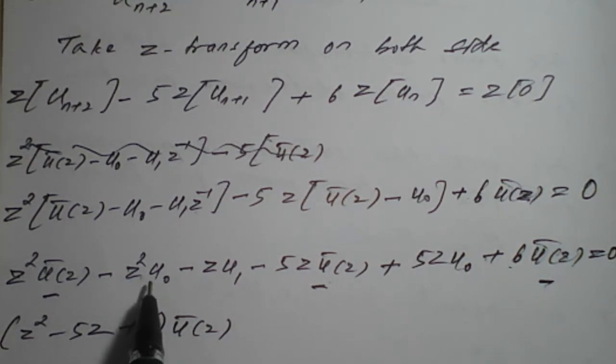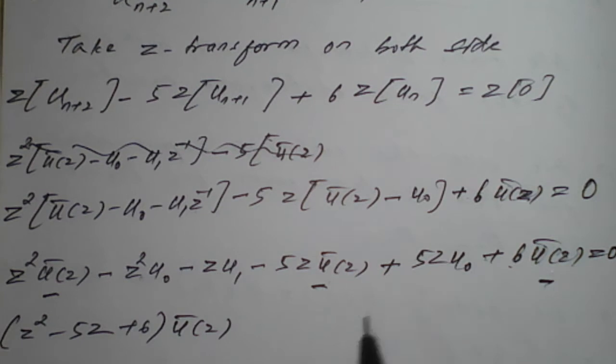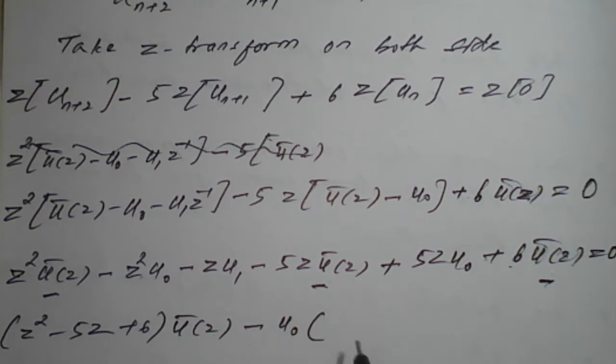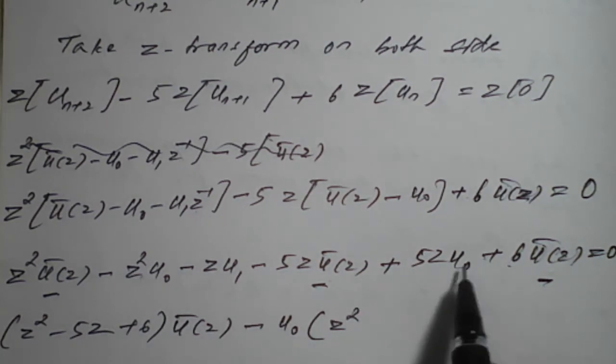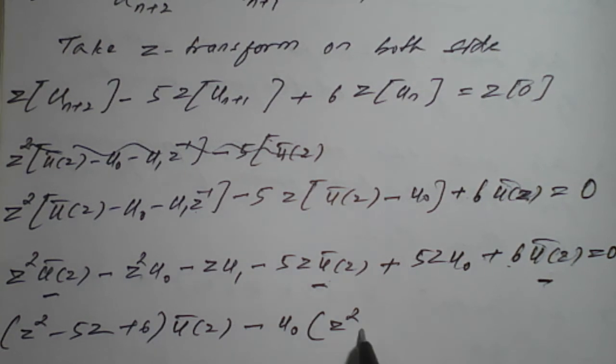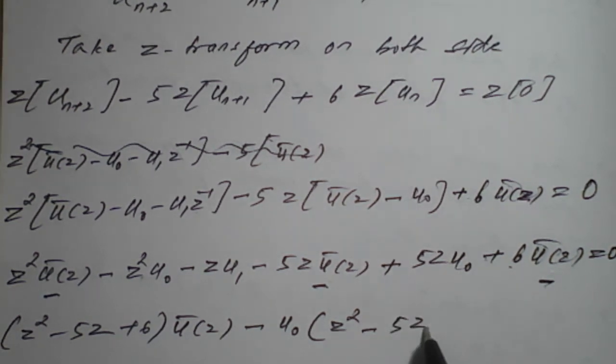The remaining thing will be, I will take u naught common among second and last but one. If I take minus and u naught common, Z square, I have taken minus common means this will become minus 5Z.